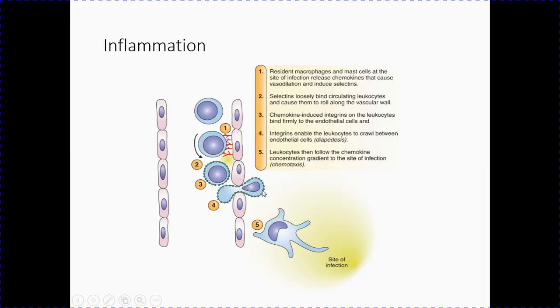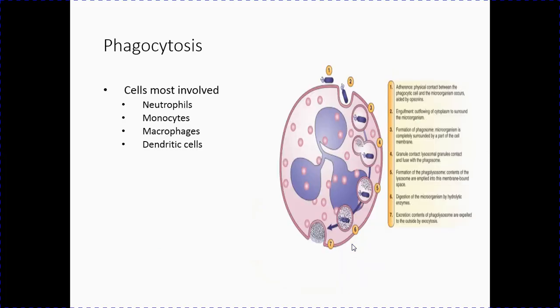And then they'll follow from a very low concentration of chemokines to an ever increasing level of chemokines to the site of infection by the mechanism we call chemotaxis. So this mechanism of moving along, binding, and squeezing through is diapedesis, and the movement towards the site of infection by chemical stimulus, a chemokine, is called chemotaxis.